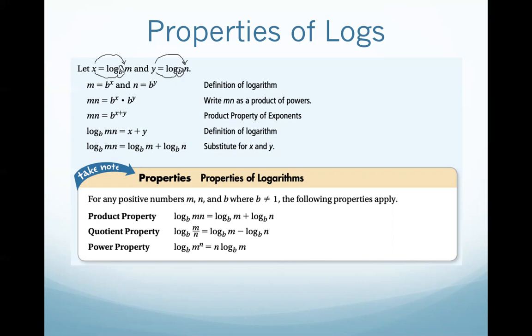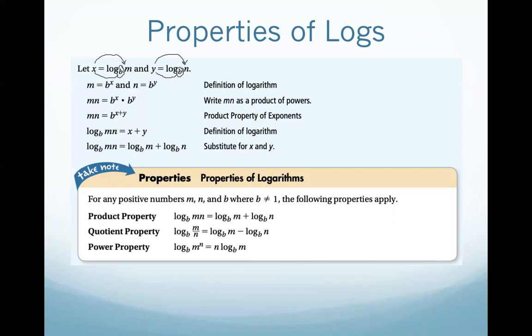The next one, if we then multiply m times n, that's b to the x times b to the y, then we know that b raised to the x plus y equals m times n. That shows us that x plus y equals log base b of mn.